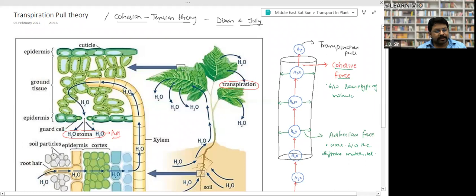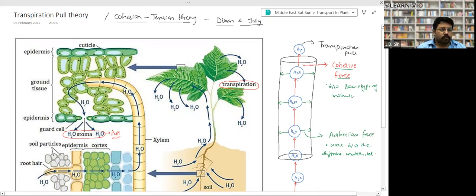When it pulls, there is the xylem, the water-carrying tubes, and the water starts rising inside these xylem tubes. Inside the xylem tubes two forces work: cohesive and adhesive. Cohesive force helps in pulling the water column, and adhesive force prevents the water column from falling down, right?